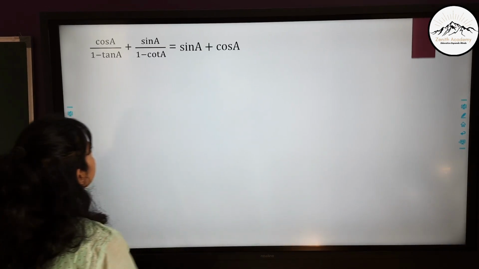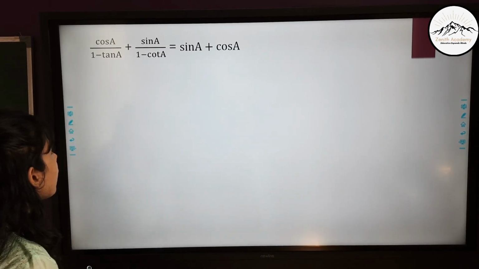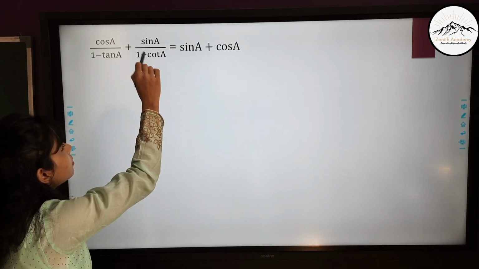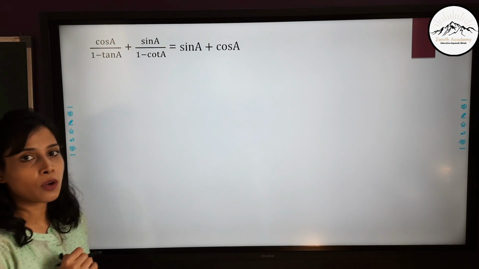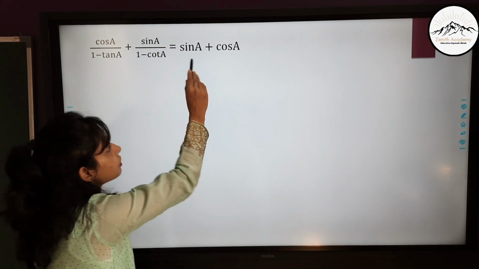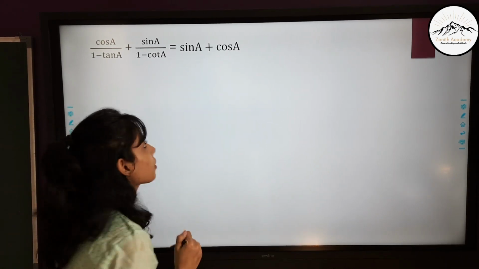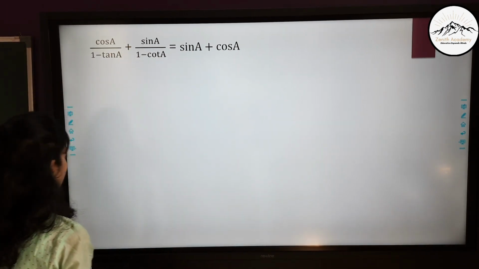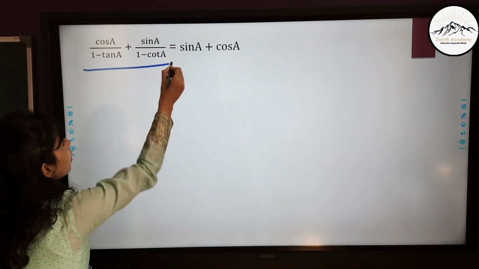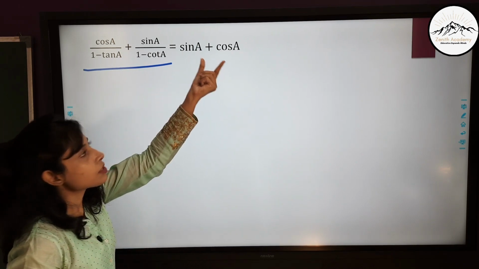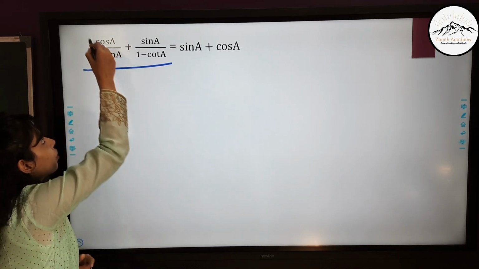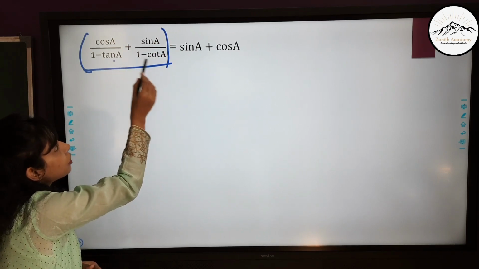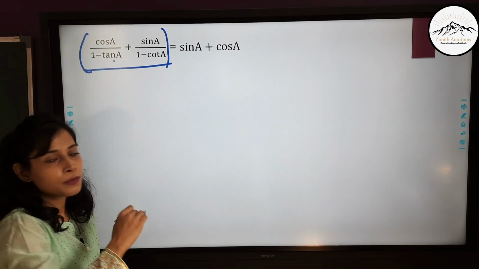The other question: cos A upon 1 minus tan A plus sin A upon 1 minus cot A is equal to sin A plus cos A. Now, see, if we take LHS here, in RHS we just need sin and cos. So if we are taking LHS, we need to convert these into sin and cos.